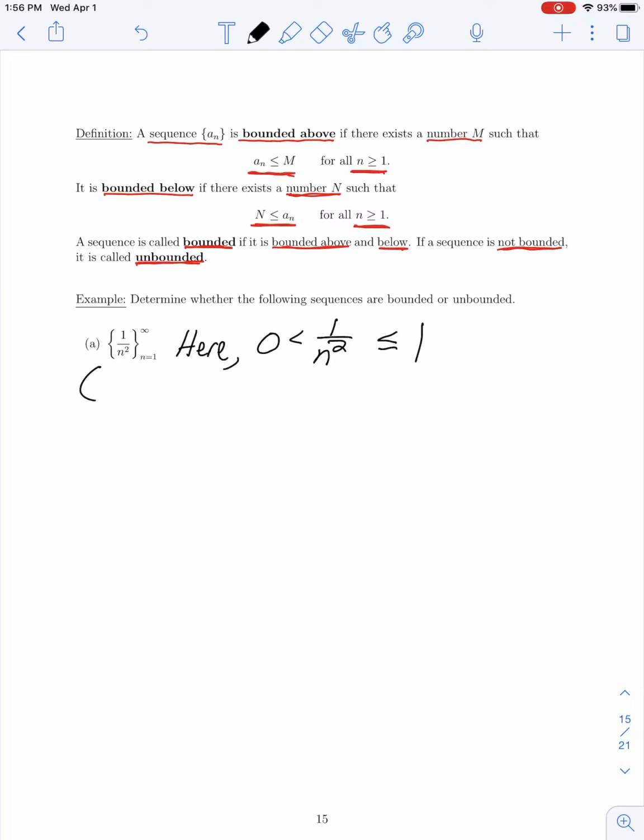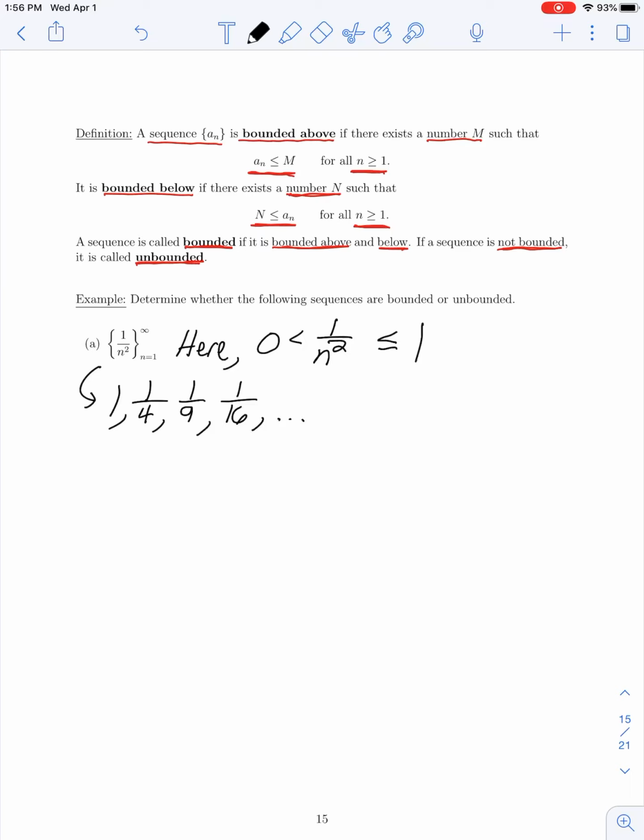And the terms of this sequence would always be less than or equal to 1. So why less than or equal to 1 in this case? Well, if we were to write out the first few terms of this sequence, starting with n equals 1, we would have 1.